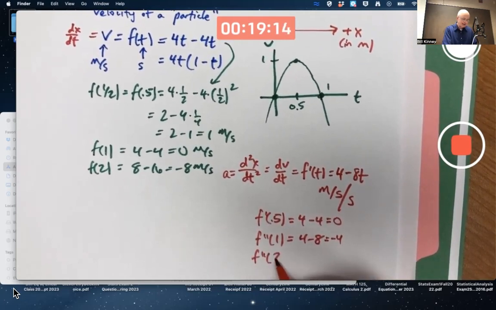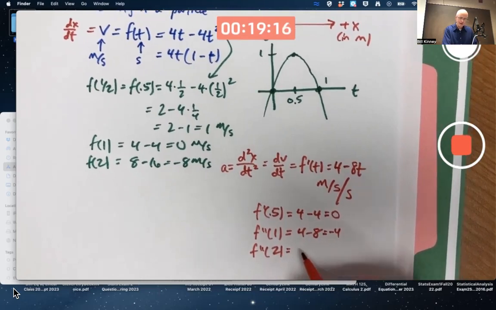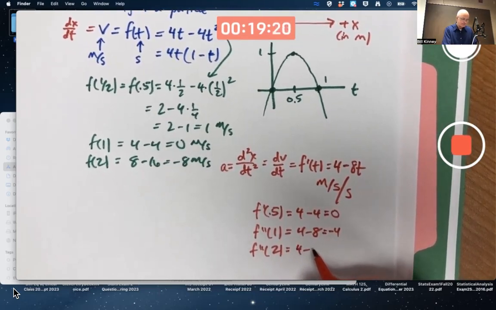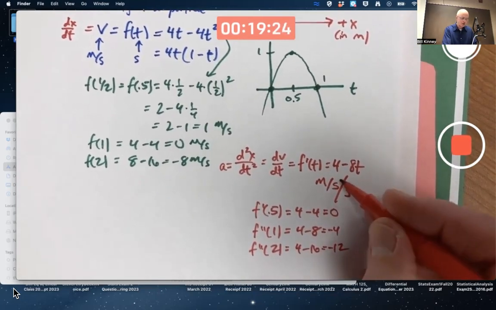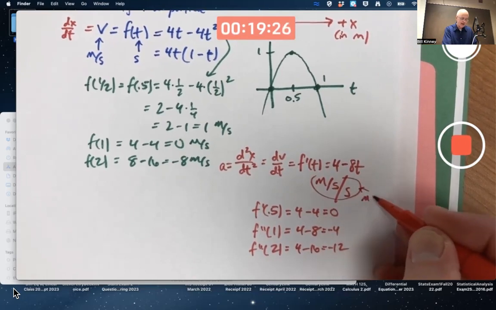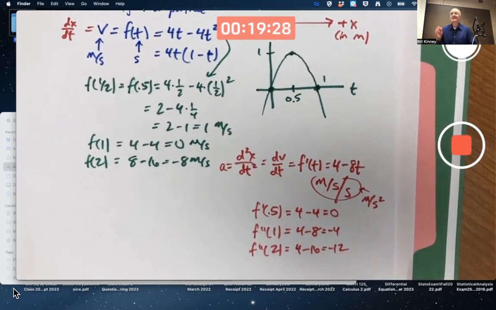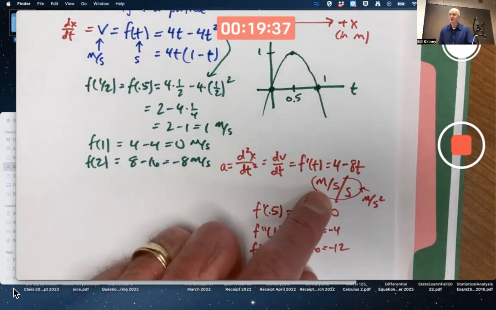And yeah, it's a little difficult to understand what it means. Meters per second, shorthand meters per second squared, but that is just a shorthand. Meters per second squared, if you've never understood this, it's a shorthand. It really means meters per second, per second.